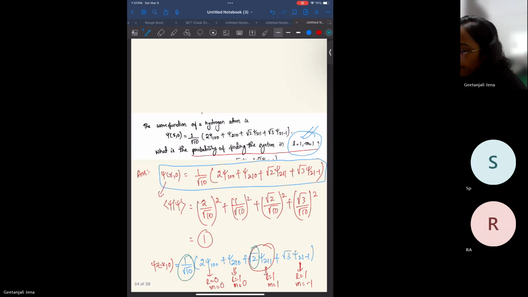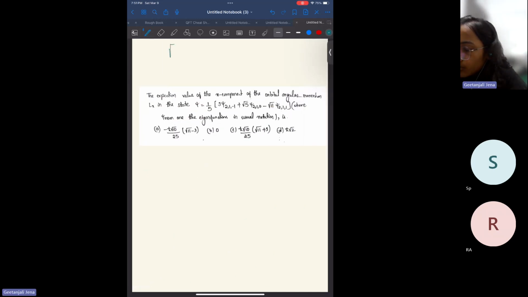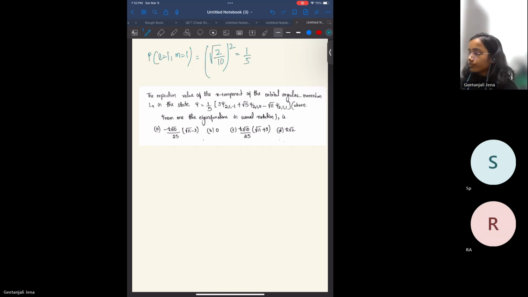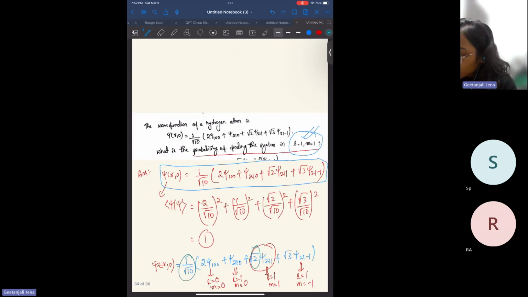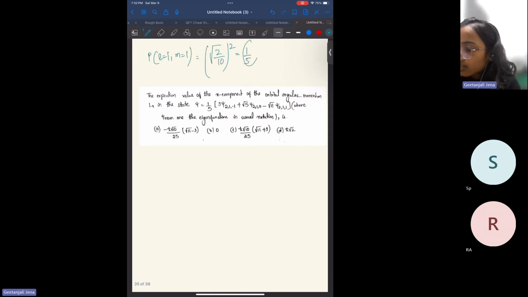That means it will be (√2/√10)². The probability of getting L equal to 1, M equal to 1 is 2/10, which is nothing but 1/5. There is no option for this, so this is the answer.